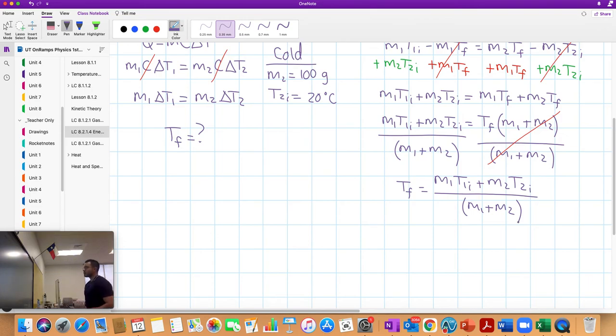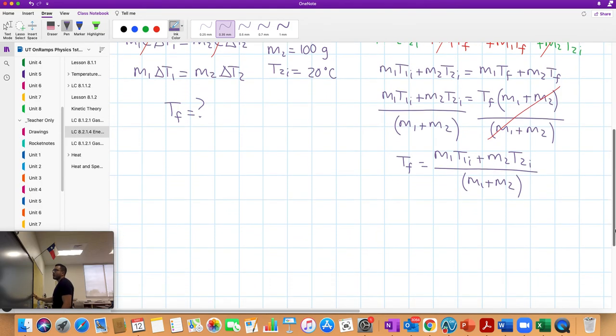Now the rest is just substitution, right? So let me use blue. I'm going to use the middle part of the page. Temperature final will be equal to mass 1. That was 200 grams. Now don't forget we're going to use kilograms.